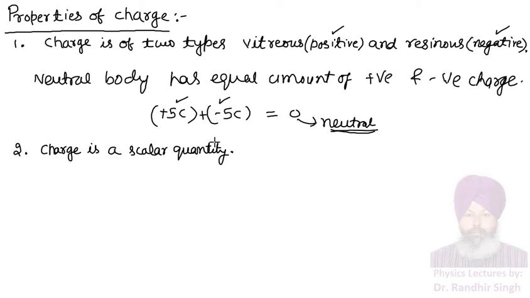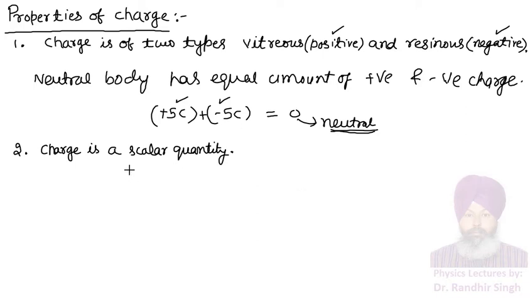The second property is written here. It says that charge is a scalar quantity. But please remember that charge does possess a sign, as I have already written in property number 1. So charge can be positive or negative. It can also be 0, but that will be the result of equal amount of positive and negative charges.